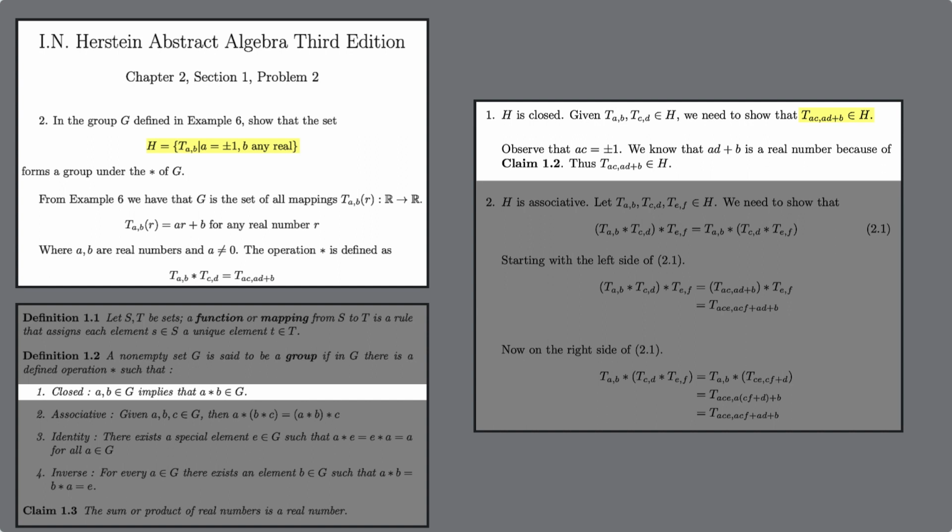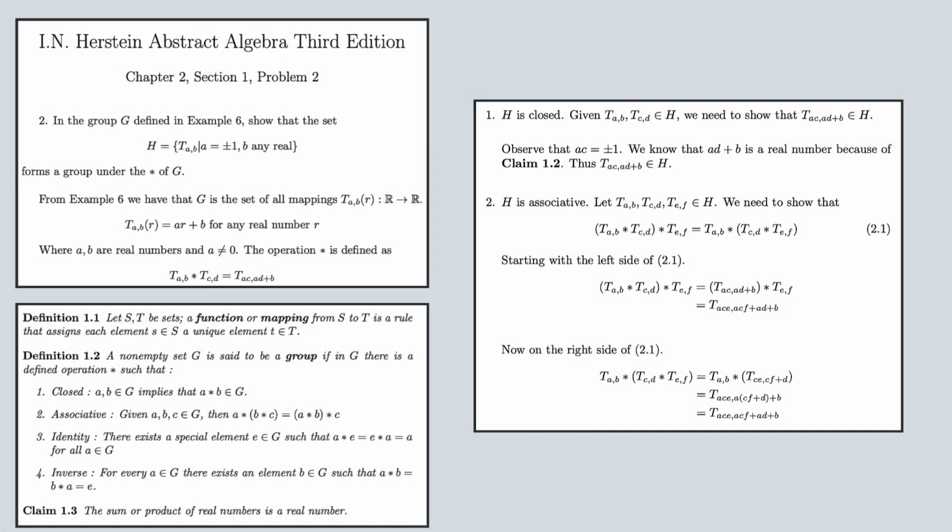Well, we started with elements of the set H. So that is our assumption that A and C, because they're the first subscript in our two elements, are plus or negative 1. By the same logic, B and D are real numbers. And we have, by our claim 1.2, that AD plus B is also going to be a real number. Therefore, this new element is a member of H.